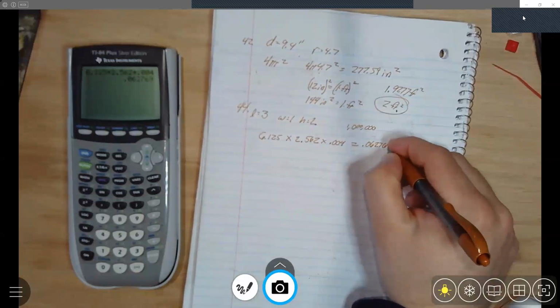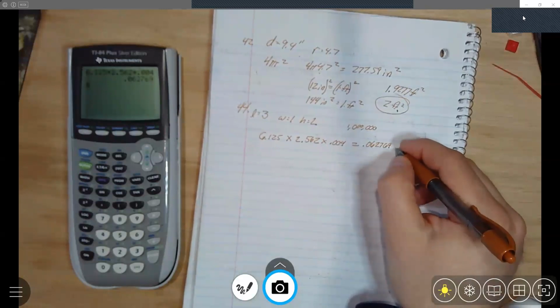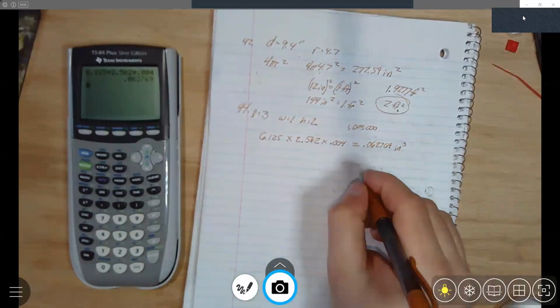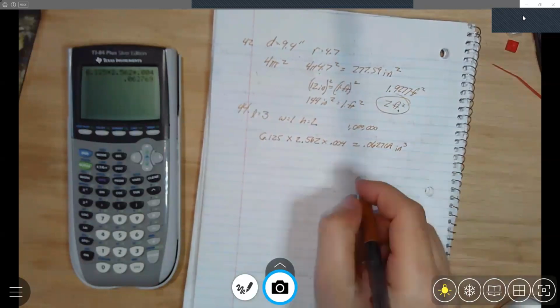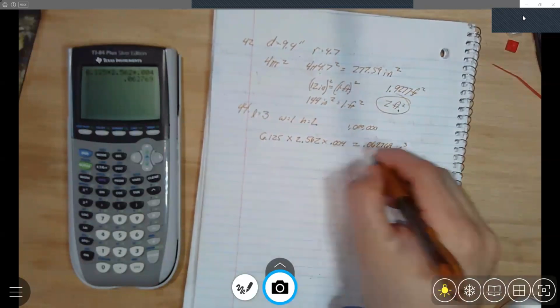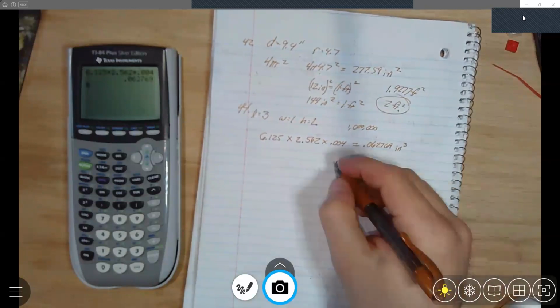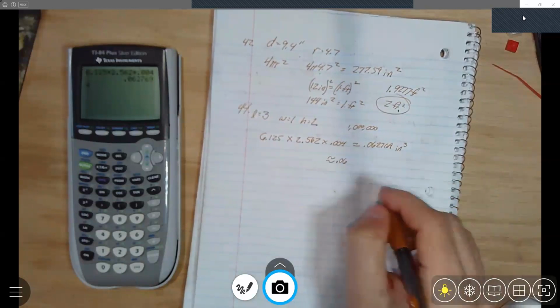So this is a question where you do not want to round until the end. This is in inches cubed. If you do, over a million. So let's just say, maybe we'll just do that just to be illustrative here, let's just say I decide to round that to 0.06. Approximately 0.06. We'll just see how this works out.